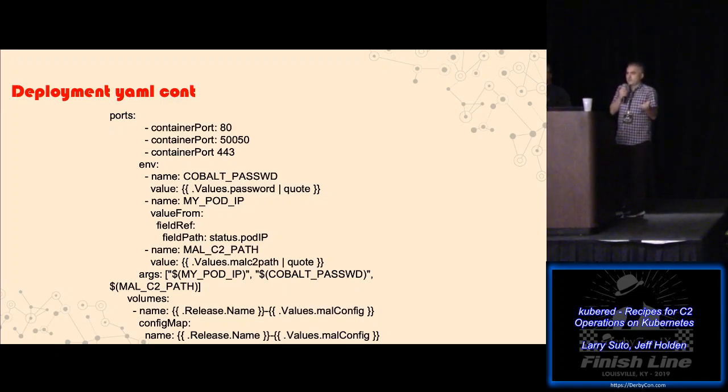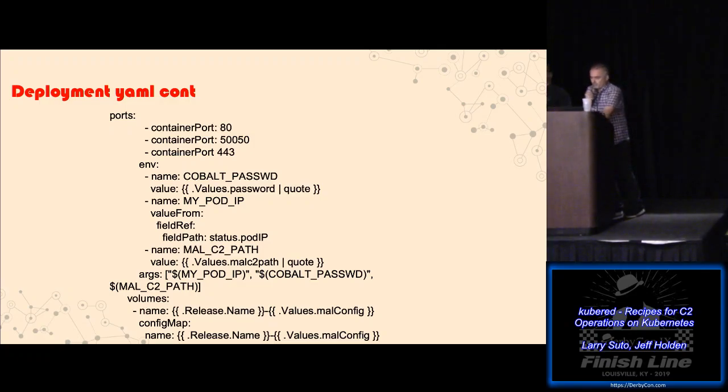One thing that's really cool is, if people work with the team server, traditionally when you start it up you have to provide the password, IP address, and if you're using malleable C2 profiles, you have to provide that. With this, that's all automated. You just put that into the values.yaml file, and then with the Helm command you can deploy it at will anywhere you want, as many copies as you want.